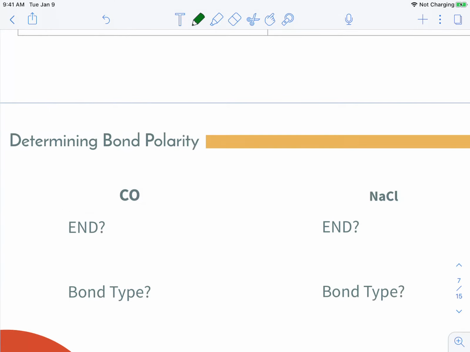All right. When we determine bond polarity, the first thing we need to do is find the electronegativity difference. Okay, that's what END stands for, electronegativity difference.